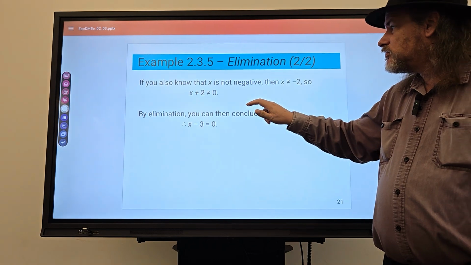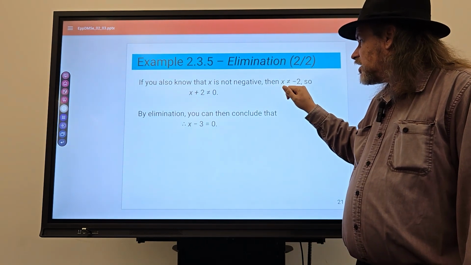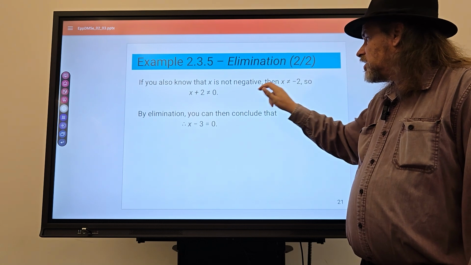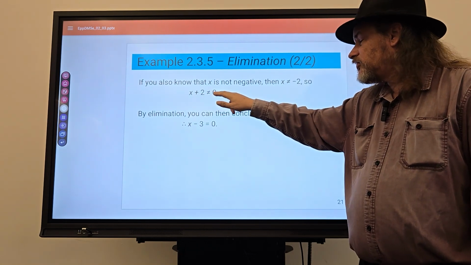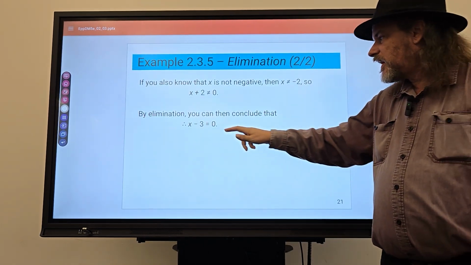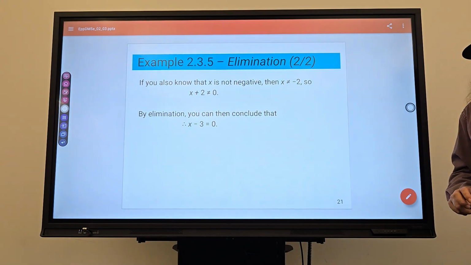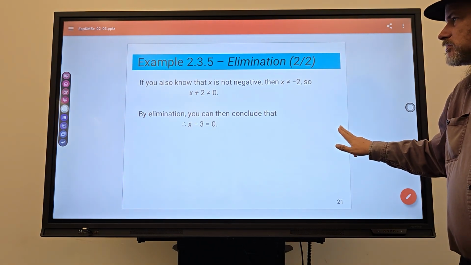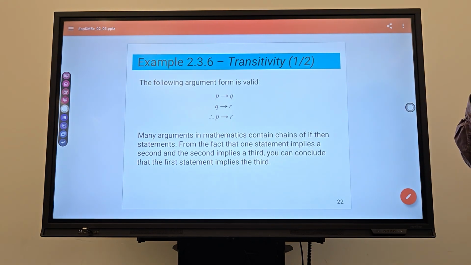Now, we also know that x is not a negative number. Therefore, x plus 2 is not equal to 0. By elimination, you can conclude that x minus 3 must equal 0. So the following argument is valid.